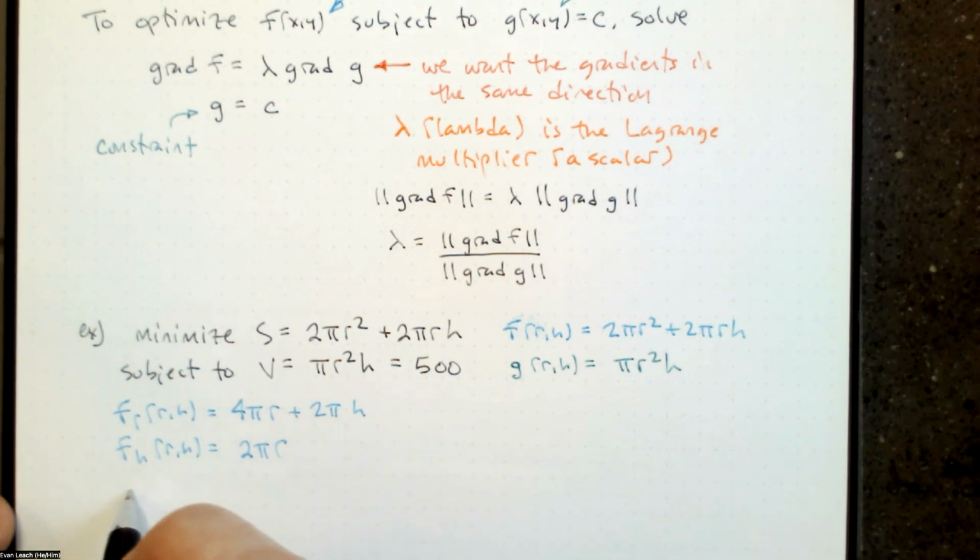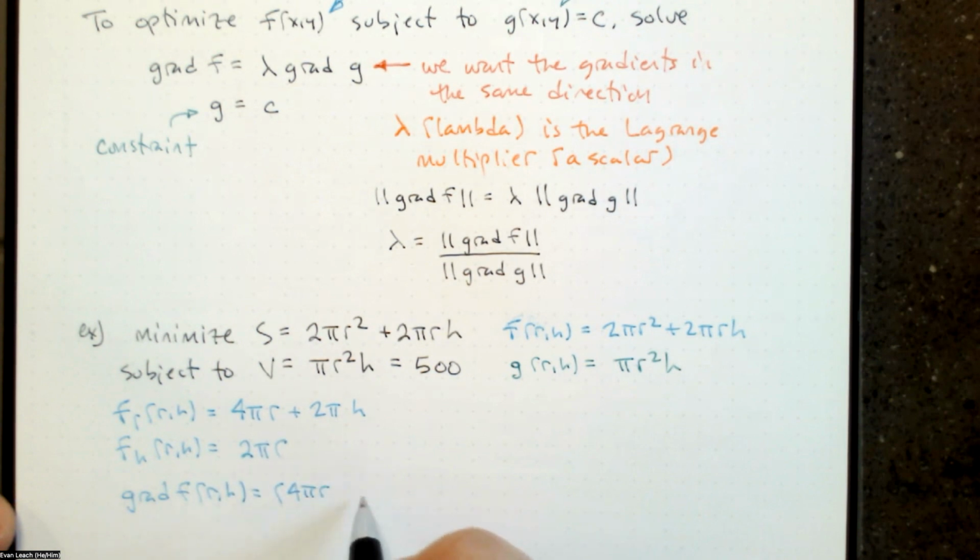So our gradient of f is 4 pi r plus 2 pi h i plus 2 pi r j. There's our gradient of f.